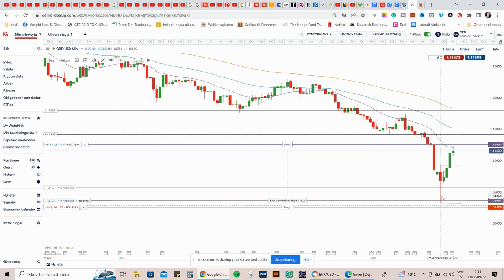So this is a kind of bear trap. The price went down, the retail trader worries that the pound dollar will continue on the downside, but the banks take the stop losses, they get more money from you, and then they shoot up in the other direction.